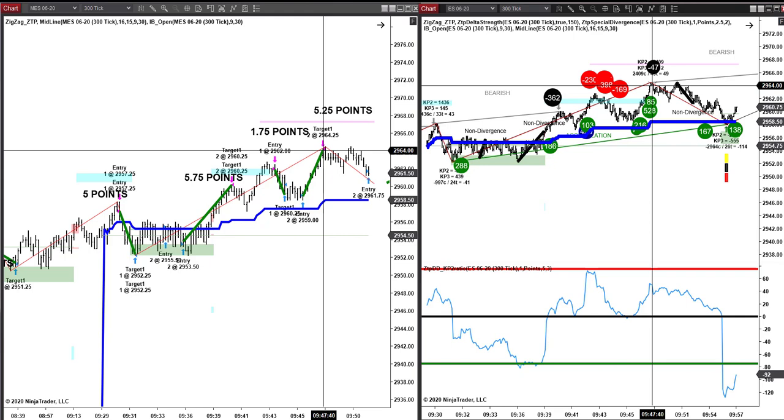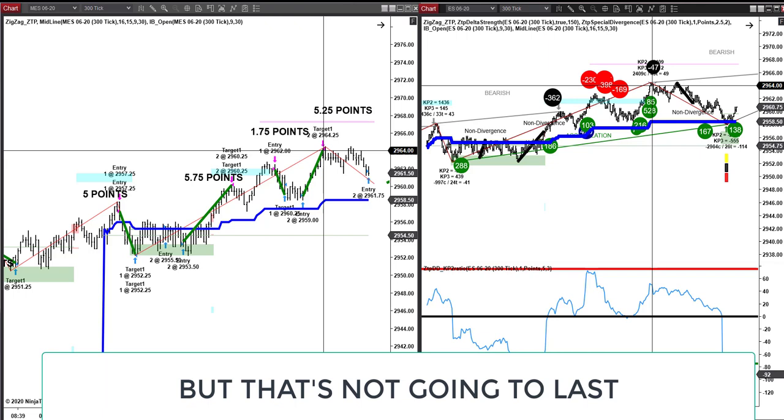So in a period of about an hour and a half, that was approximately a $300 profit, and I didn't really have to sweat very much any of these trades.